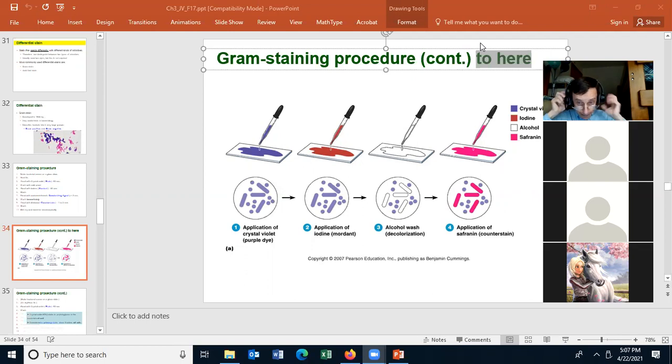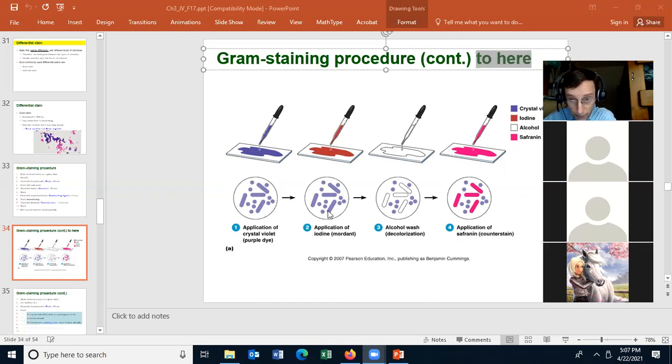So this was the slide that we had talked about last time, going over the gram stain procedure and showing you the different colors of the different cells at each step in the gram stain. You will need to know this.